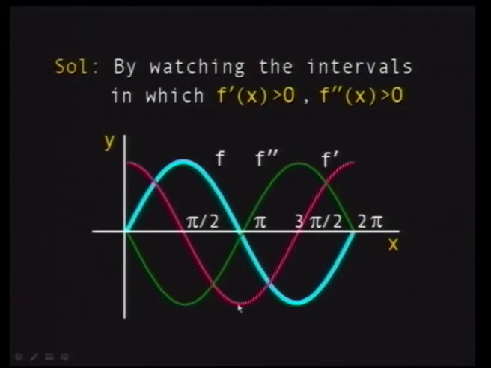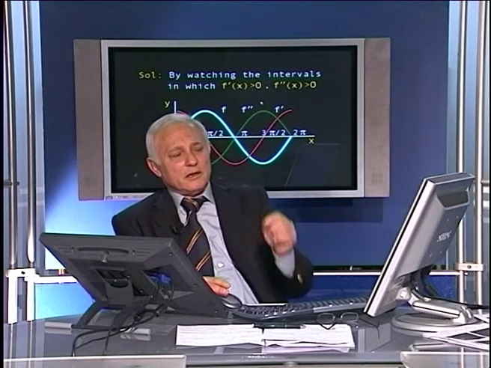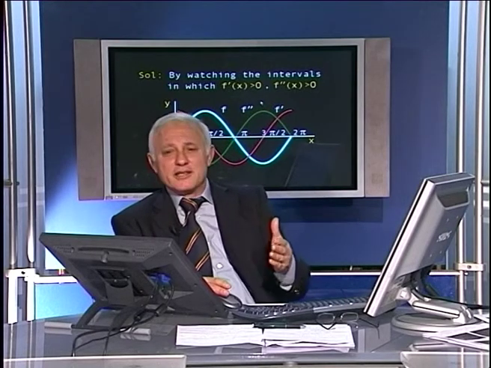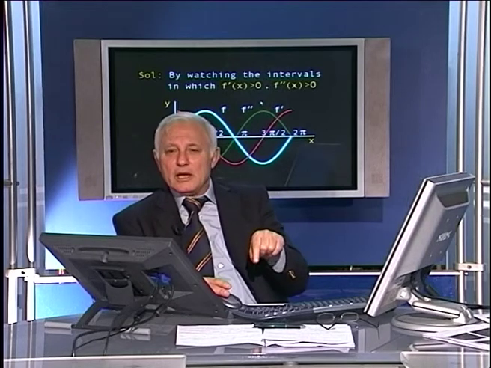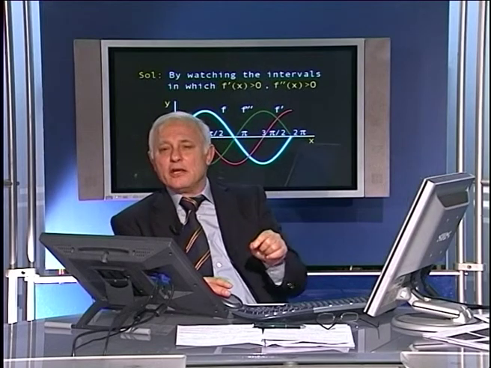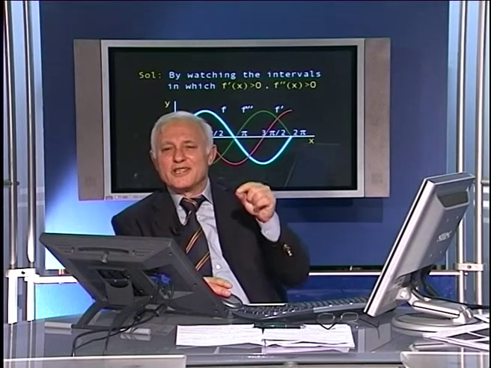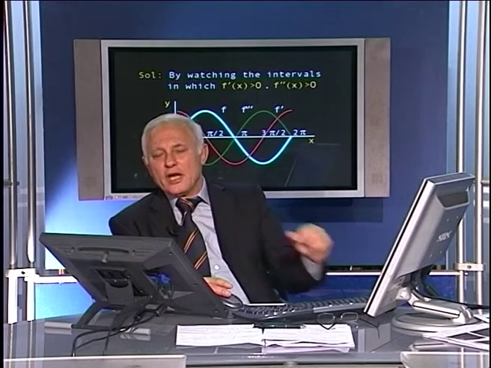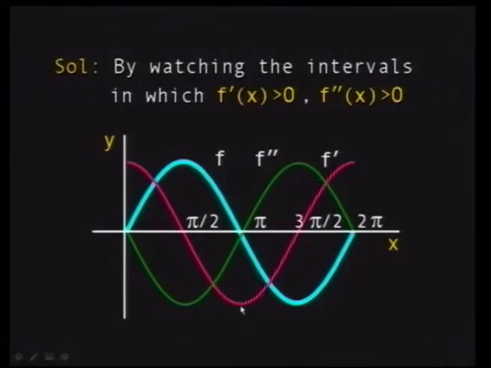It's exactly the curve you saw when you drive your car on a road. It was the point at which your speed was minimum, and then you start to speed up. So this point at which your speed, which is the first derivative, has a local minimum or maximum is the same point at which you have an inflection point. And here you have an inflection point, and your derivative is minimum.